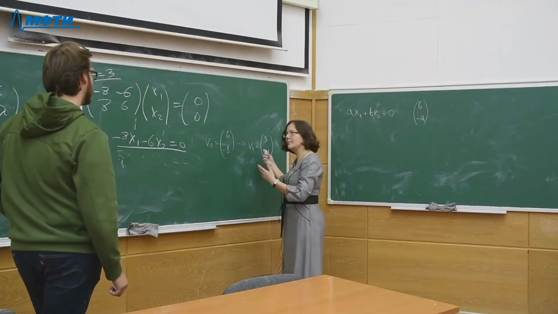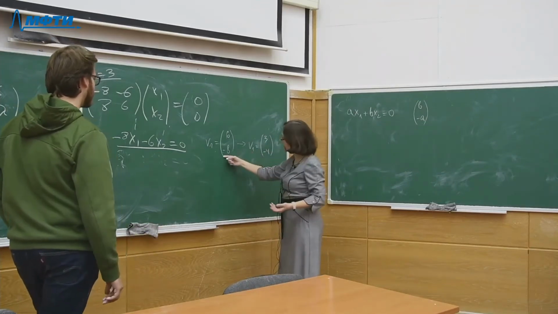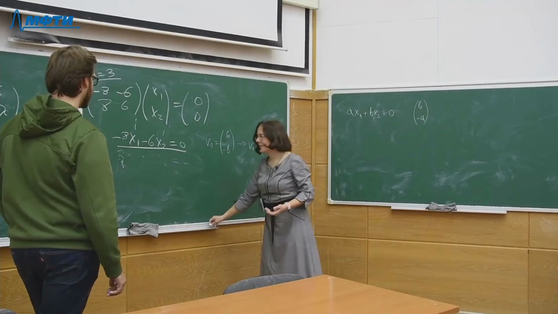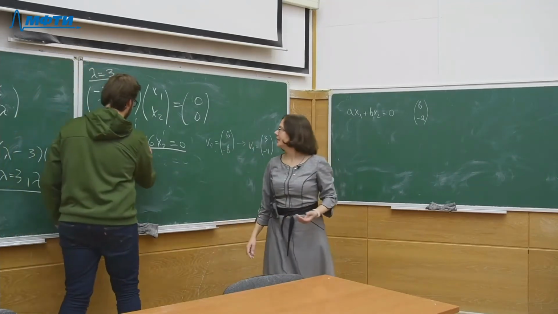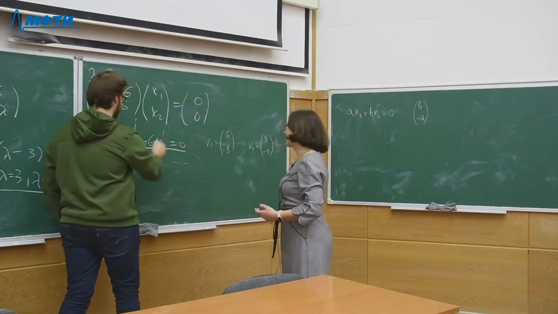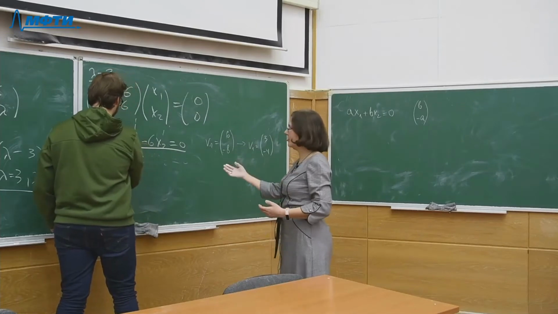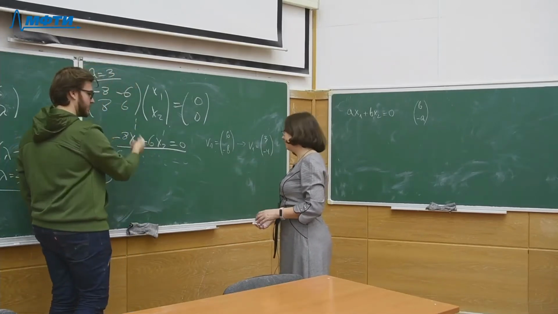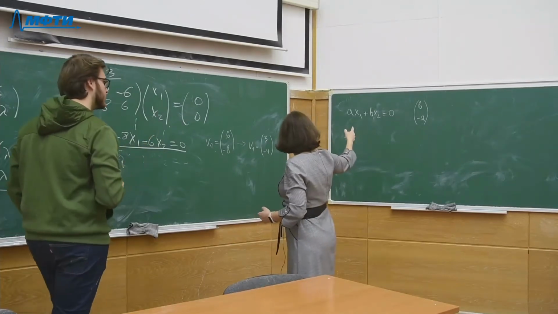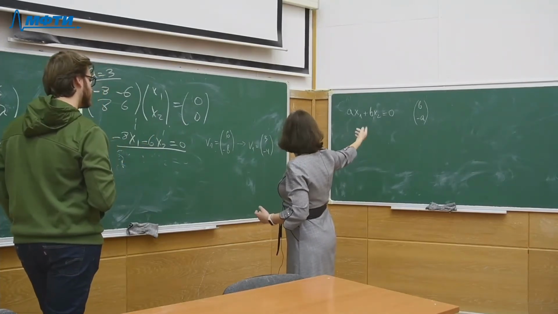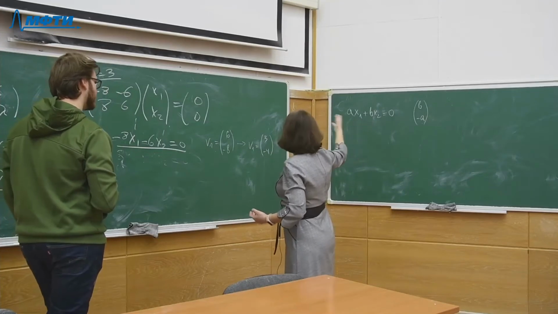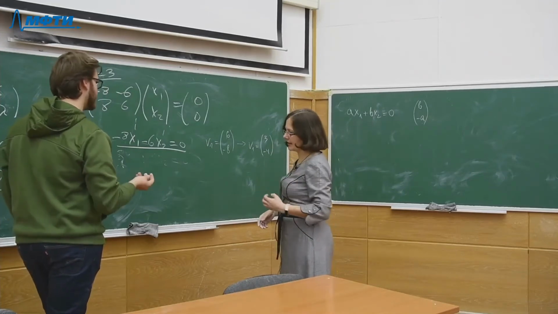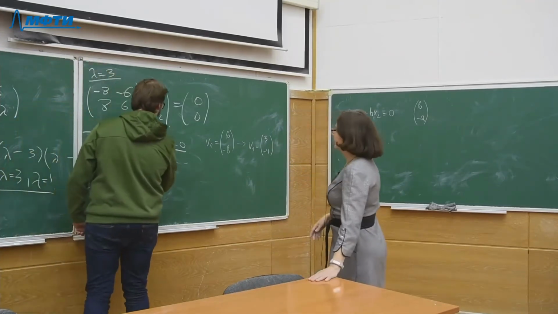You may divide by 2 if you want. Both negative or both positive, it doesn't matter. But what if one is positive and the other is negative? Then it's not going to work. You need to switch the sign of either the first coordinate or the second one. Okay, thank you, so continue.